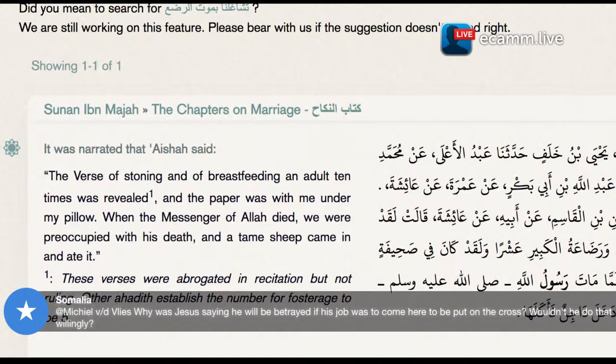Like, when he quoted this Somalaya, he quoted John 11:48. They said that if we let him do what he is doing, he is making a lot of miracles, everybody will believe in him, and the Romans will come and destroy our temple, or the way that society is built.